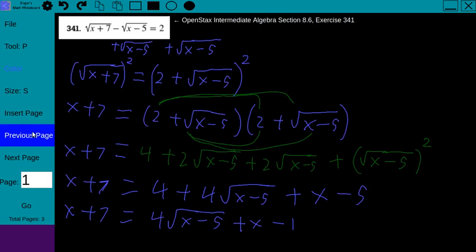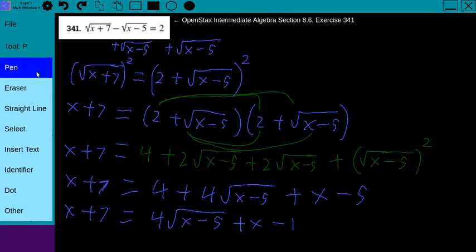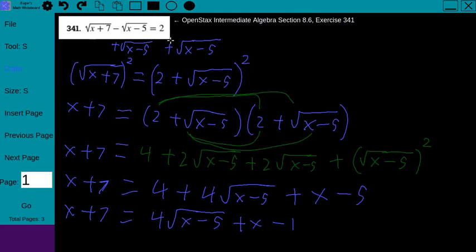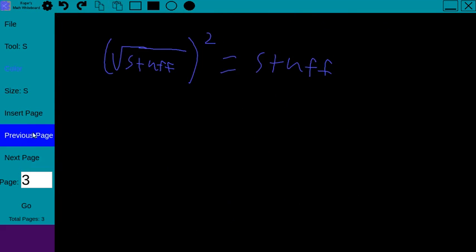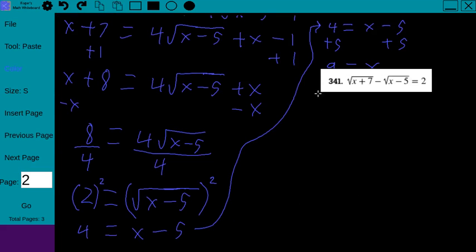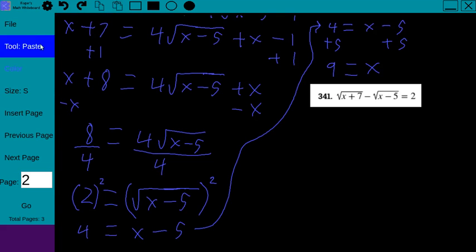So let me go back to the original here, and I'm just going to copy the original problem here, and oops, I want to paste it here just so we can go make sure that this actually does work. So the question I have for you is square root of 9 plus 7 minus square root of 9 minus 5.